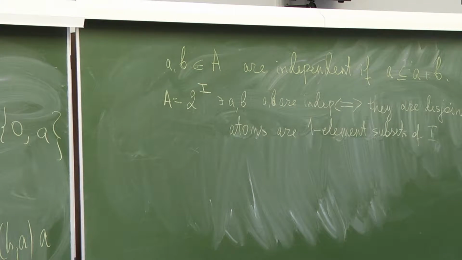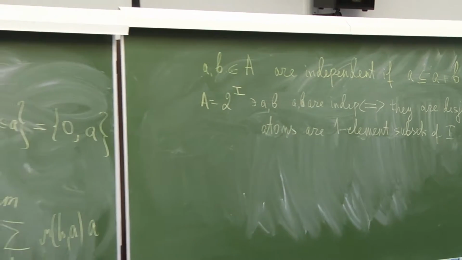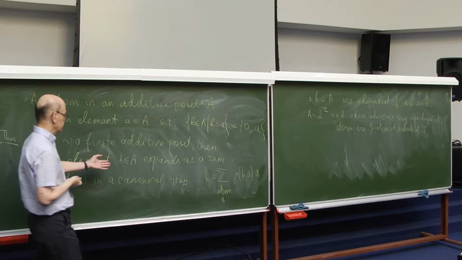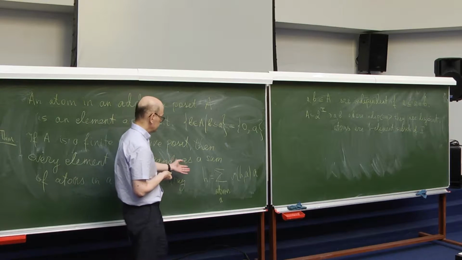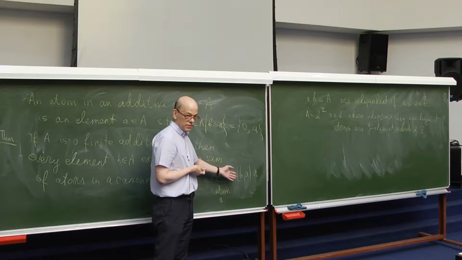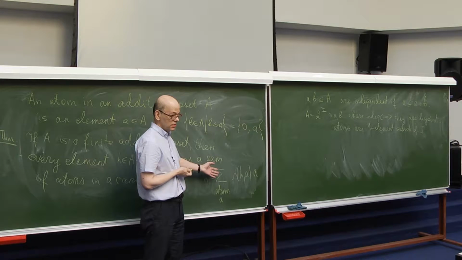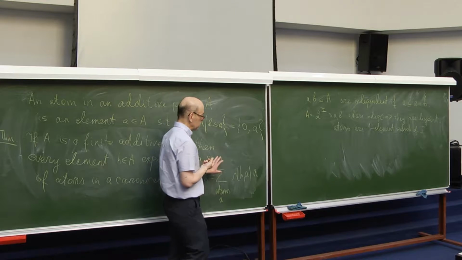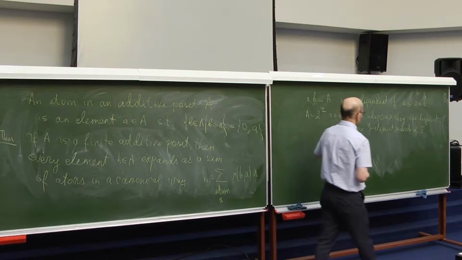In this example it says that every subset of I is a union of its one element subsets. Nothing more than that, which is obvious, but this is more general.